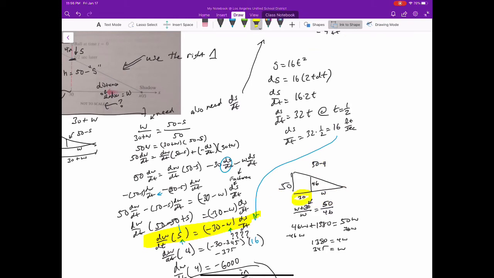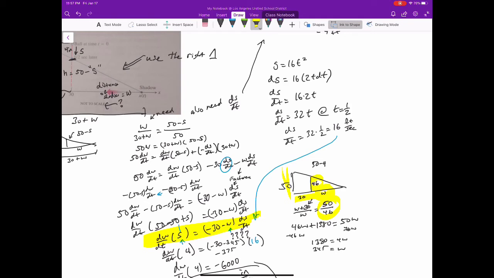We know that this little section here, the ball was dropped 30 feet away. So to find the full length of the bottom of the triangle, that's going to be right here, W plus 30. And we have enough to get started. So we're going to say the full length, W plus 30, over W is equal to the full length and the short part of the triangle right here, 50 over 46.